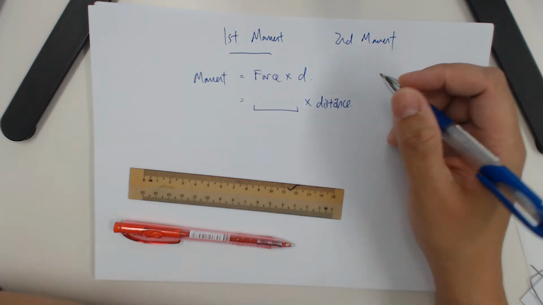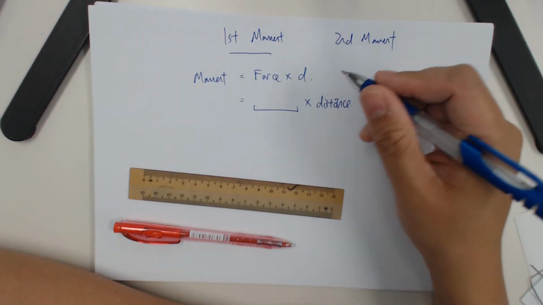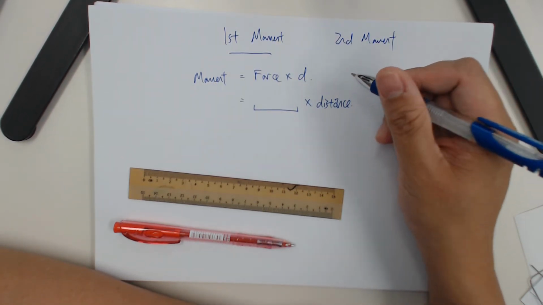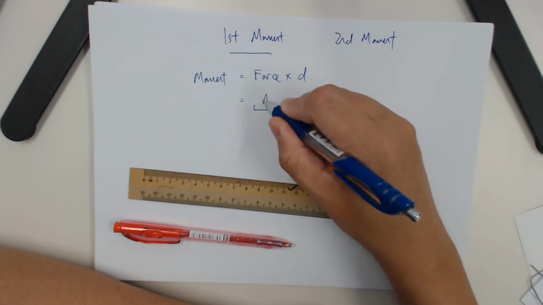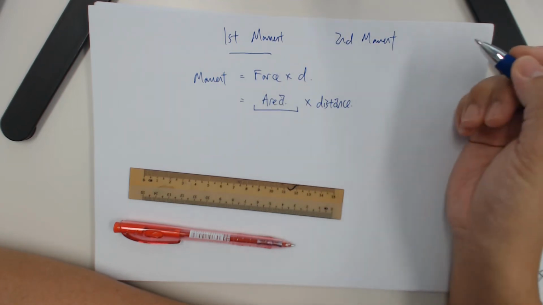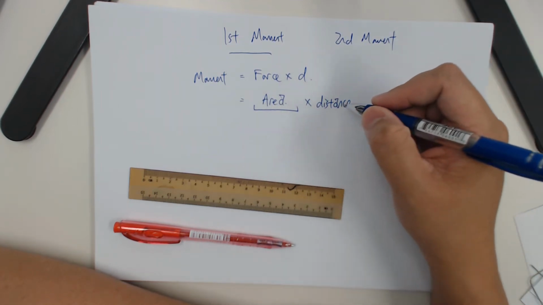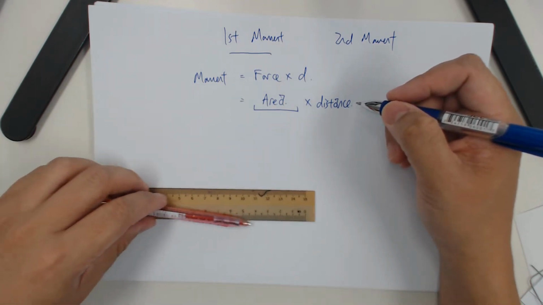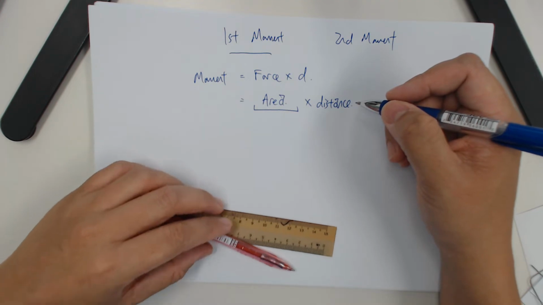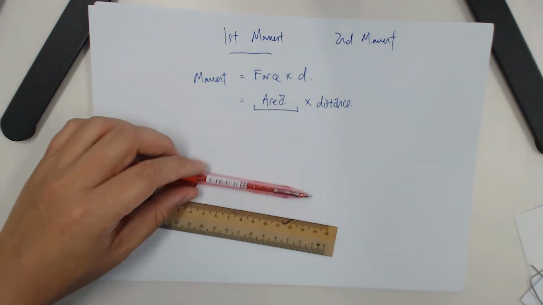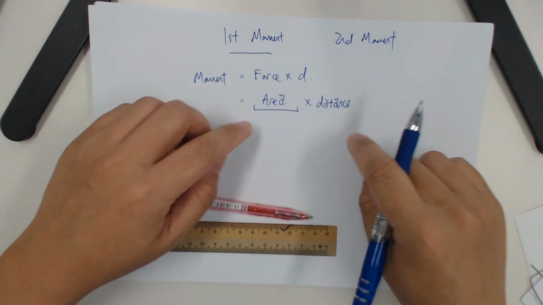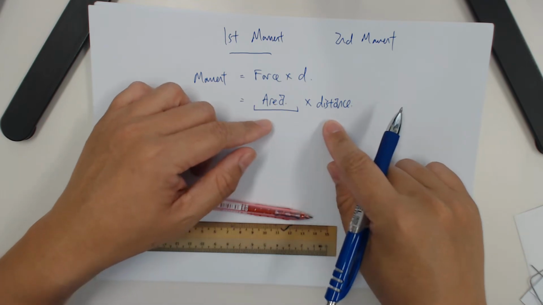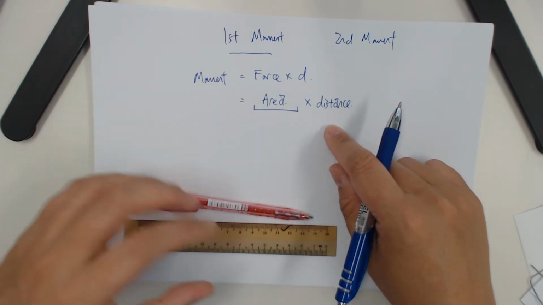In this case, your first moment of area is not force, but area. So it's basically an area multiplied by distance. Having that in mind, let's proceed to look at another thing which will be related eventually, so you get to appreciate why there is this area times the distance.